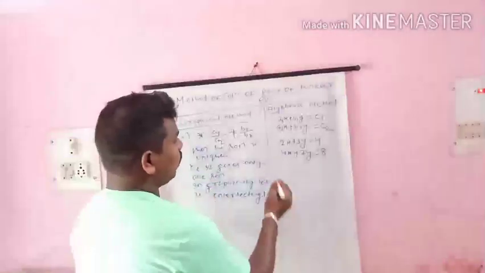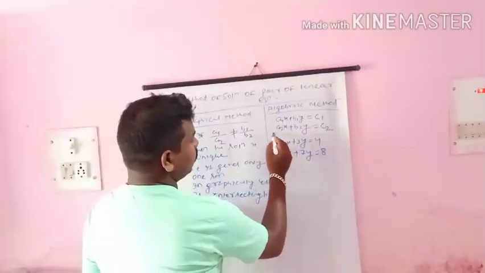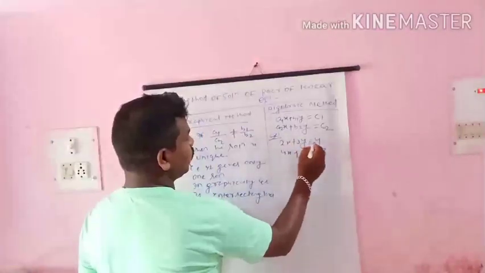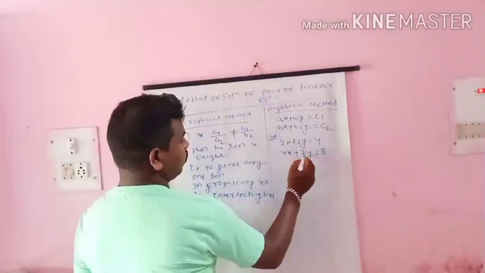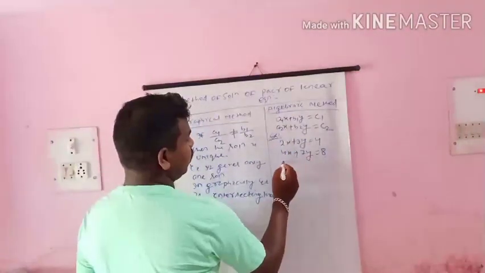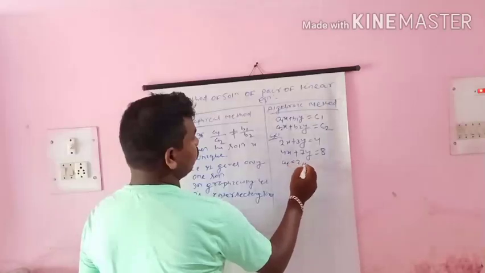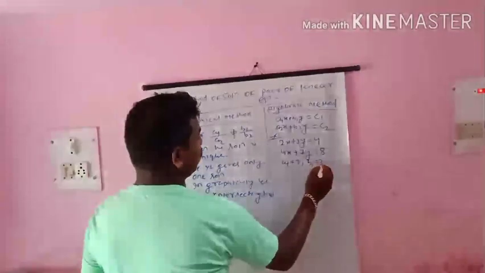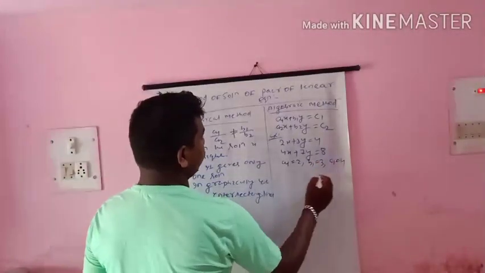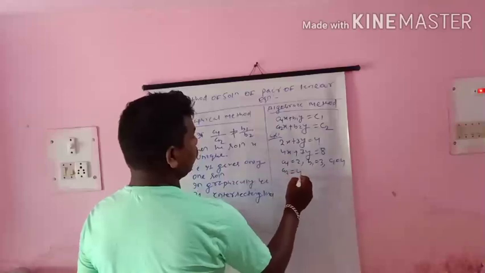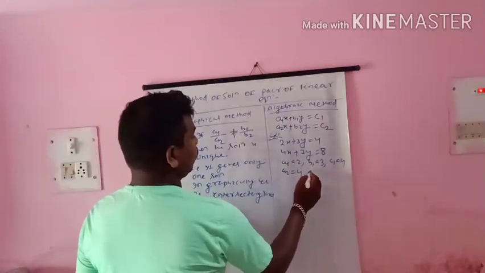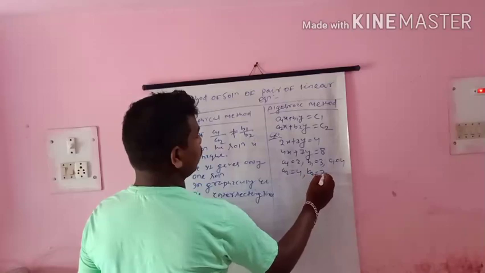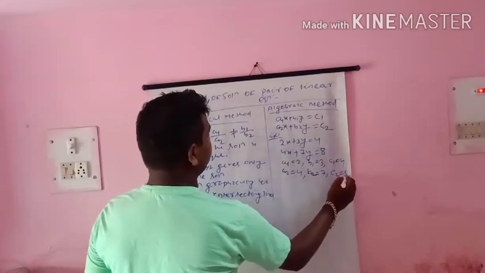So here we take an example: 2x plus 3y equal to 4, 4x plus 7y equal to 8. Here a1 equal to 2, b1 equal to 3, c1 equal to 4, a2 equal to 4, b2 equal to 7, c2 equal to 8.